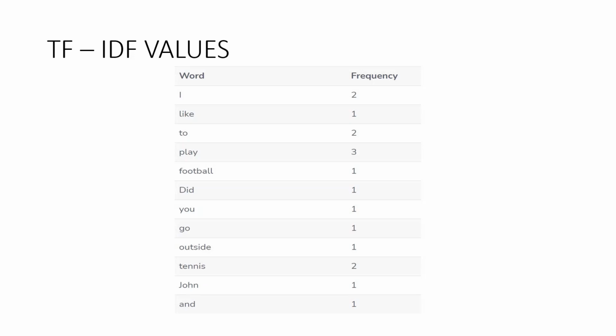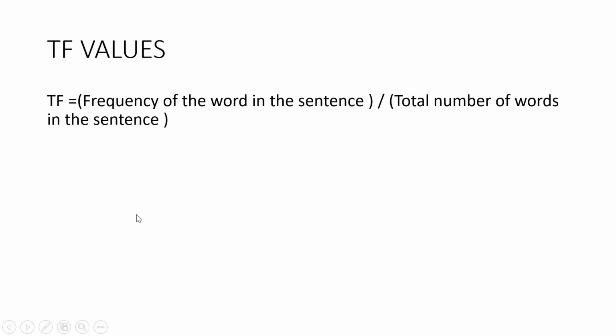As discussed, the TF values refer to term frequency and can be calculated using the formula: TF is equal to frequency of the word in the sentence divided by total number of words in the sentence.